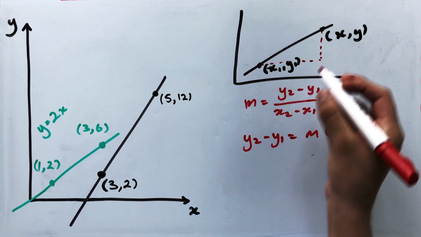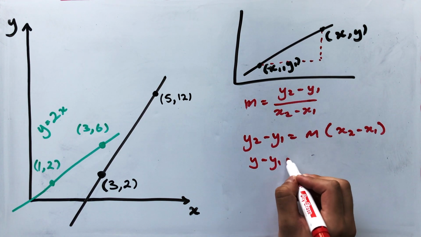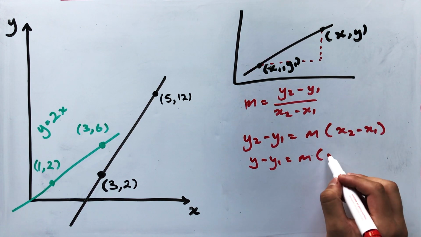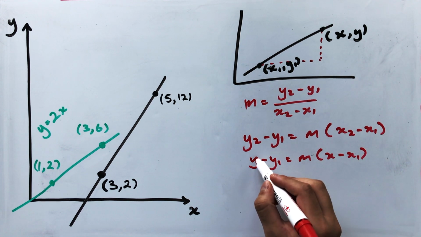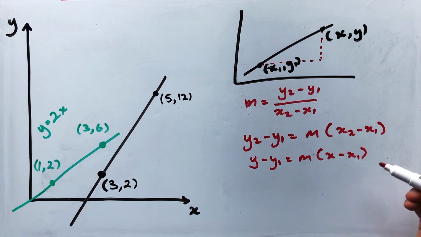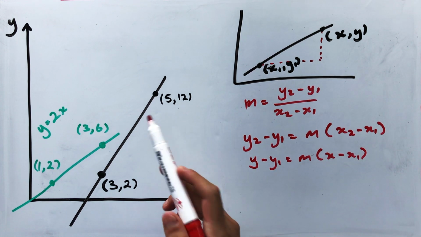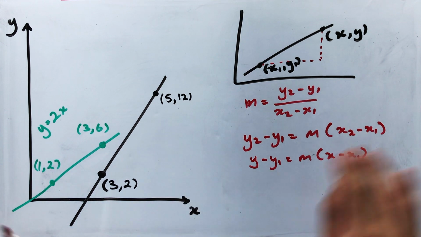So instead of y2, we can just say y minus y1 is equal to m, which is gradient, into x minus x1. Now, this is another key formula that you must know. This is a formula that's widely used to find the equation of a line, such as this. So now, how would we go about doing this?